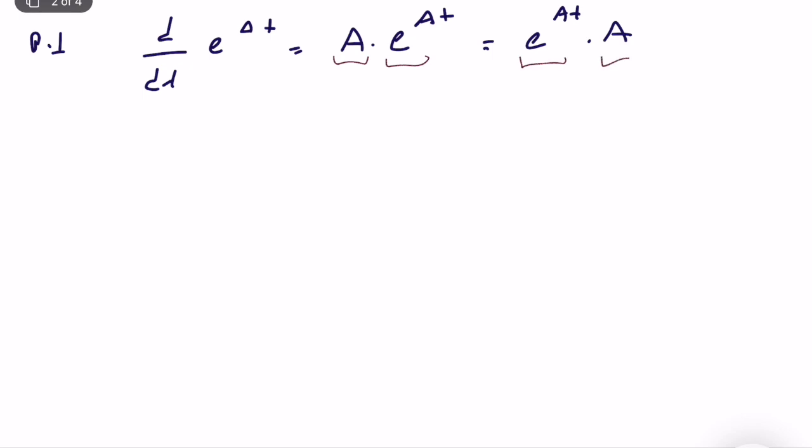So it means that these are technically commutative. It doesn't have to be commutative for all matrices. Of course, we know that A times B may not be equal to B times A, but in this case, they're equal to each other.